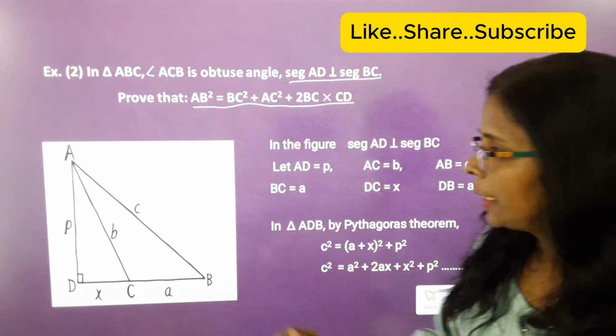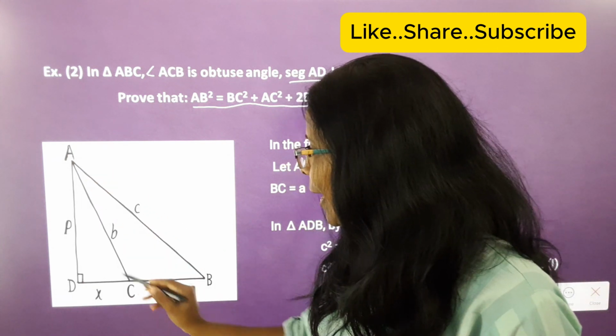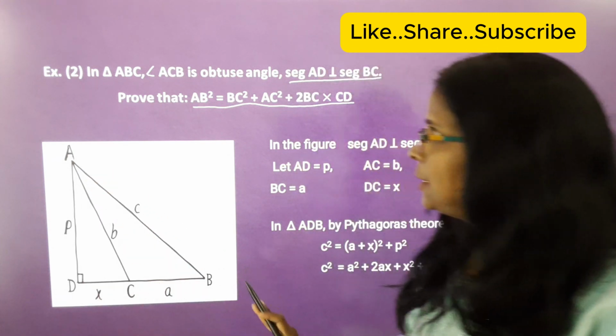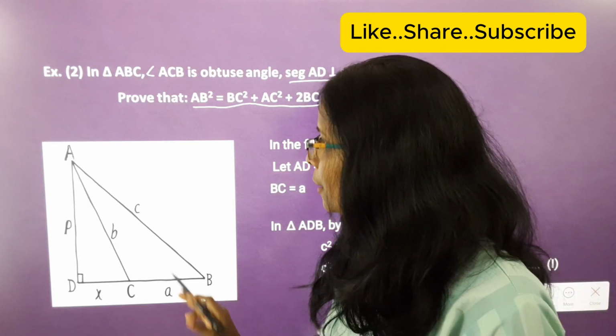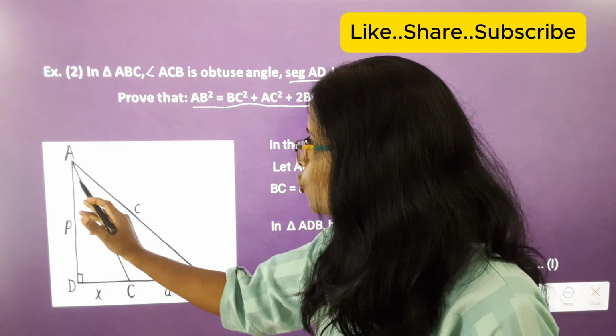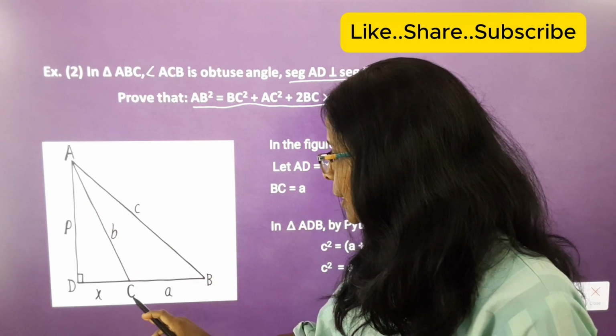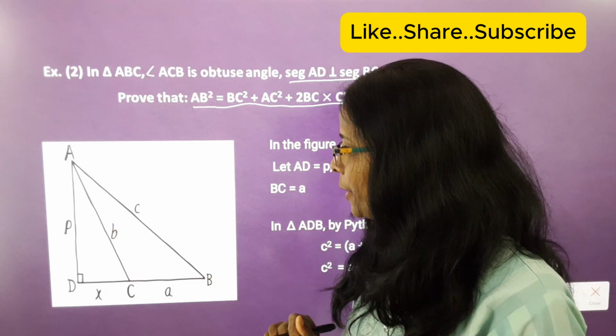So here in this triangle ADB, there is the angle A, so the opposite of the angle, that is BC, is equal to A here.